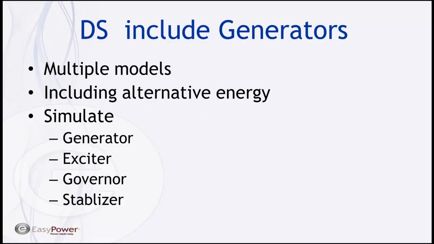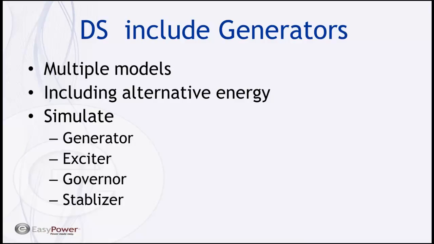So the big difference between transient motor start and full dynamic stability is the fact that we can include generators and generation modeling, and built into the tools library are a number of standard models, all of which can be customized for any specifics that you may have on site, and utilize the manufacturer's data sheets to build out these models.